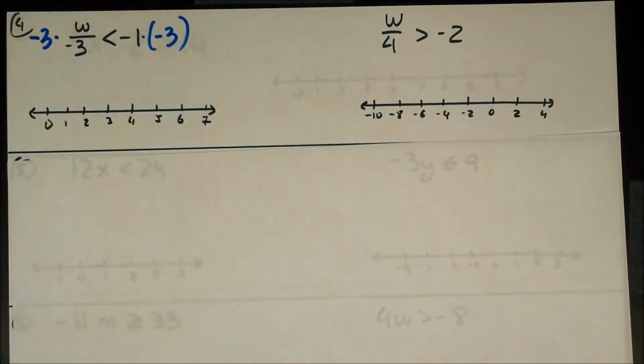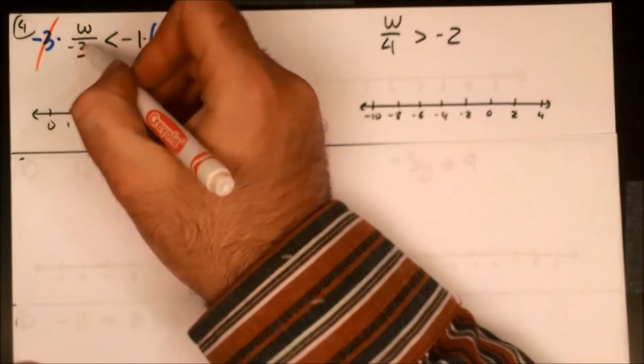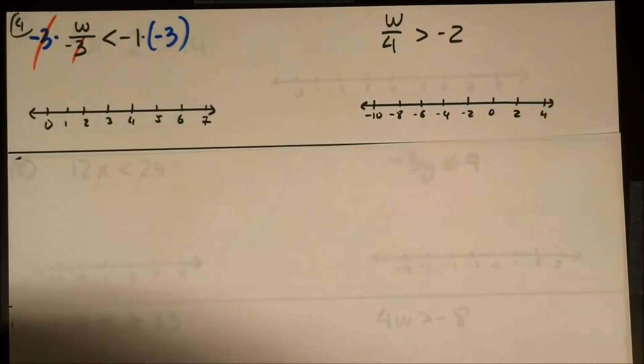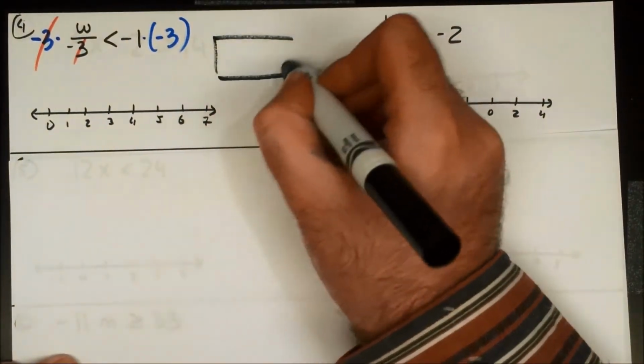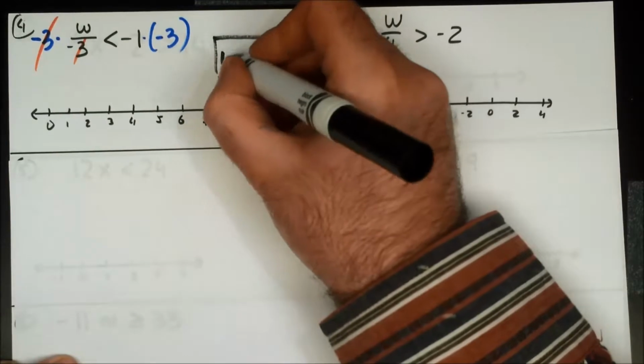Is that one of our exceptions? Yes, it is. Does the sign flip? Most certainly does, because if you multiply or divide by a negative number within an inequality, the sign has to flip, as it will here. These two are gone. They cancel each other out. So I am left with a w.